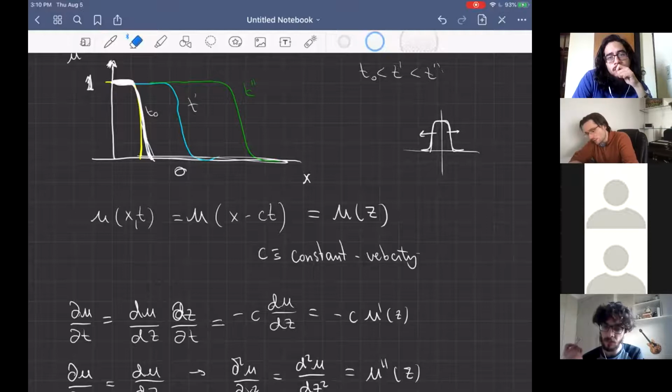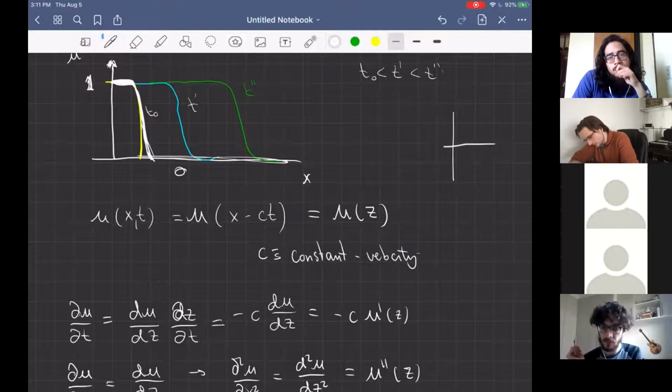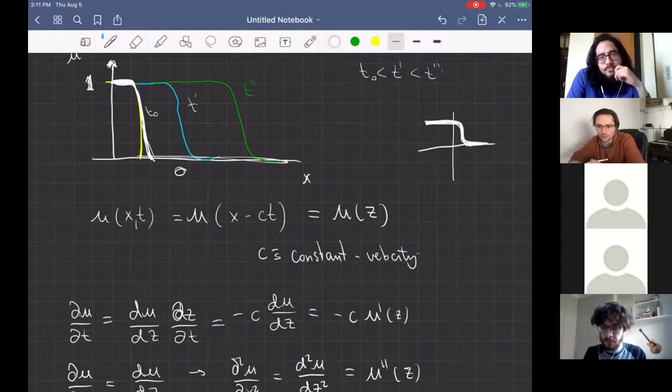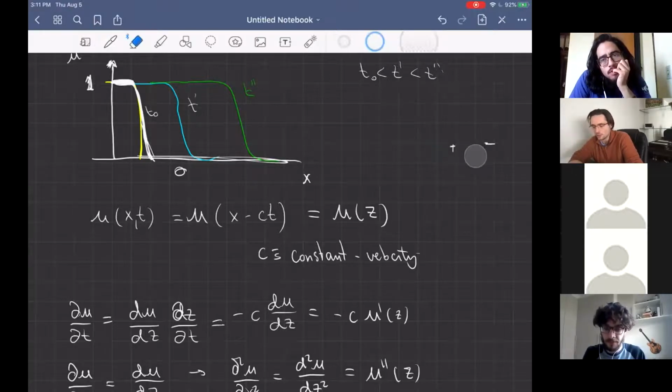The only reason why it's 1 and 0, I'm going to assume 1 and 0, is because I am assuming that my initial solution is going to be something like this, because it's going to make my calculations easier, and then using symmetry arguments, you can go the other way around. But yes, depending on the initial condition, it will expand this way.